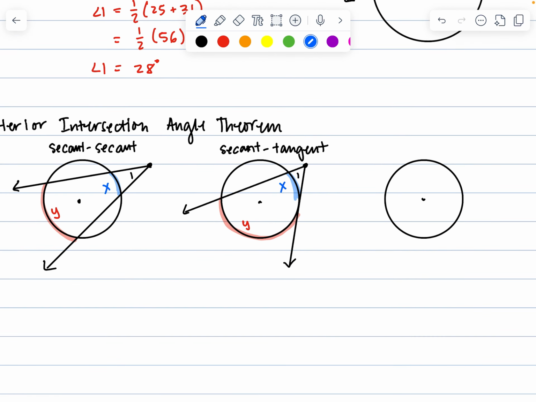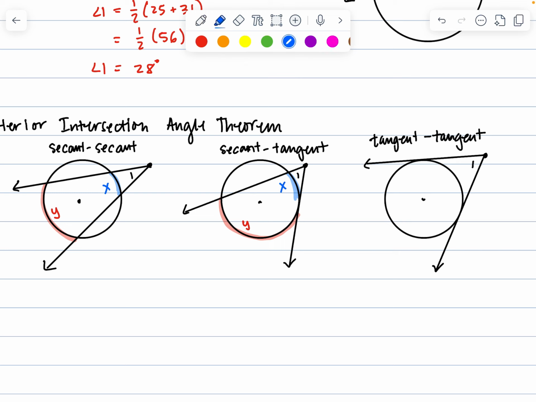And then the other option is what happens if we have a tangent-tangent. This is the third possibility. If you have a tangent-tangent, then you are going to have something that looks kind of like this. You're going to put angle 1 on the outside because that's where the intersection is again.